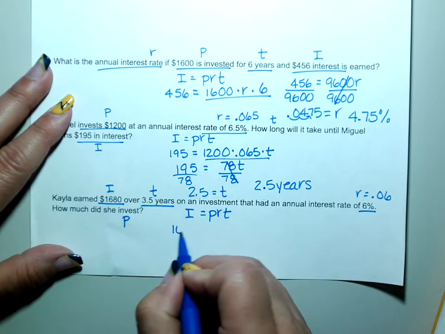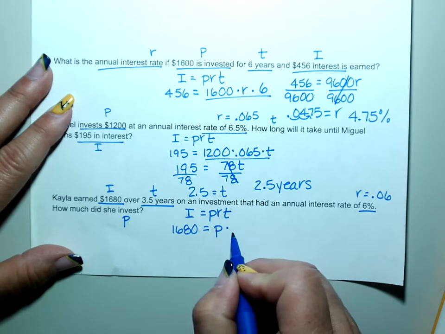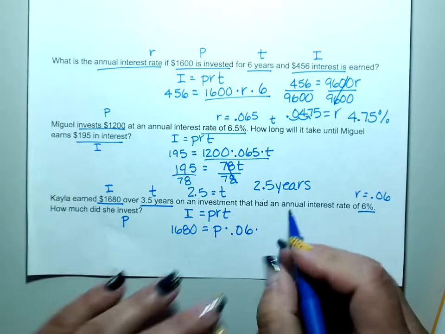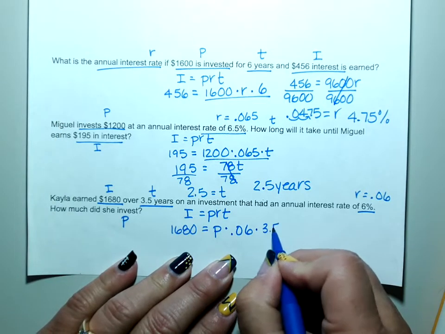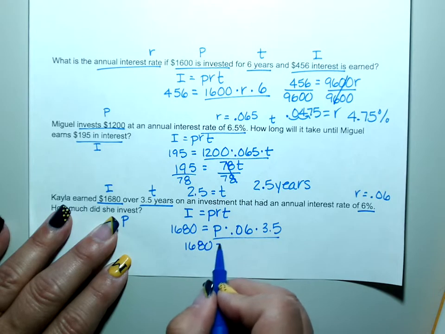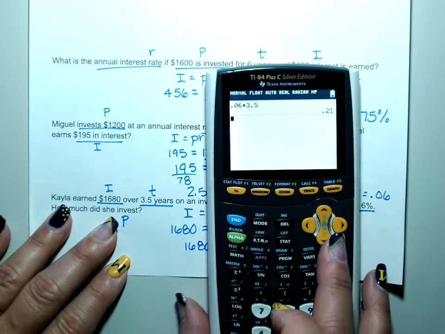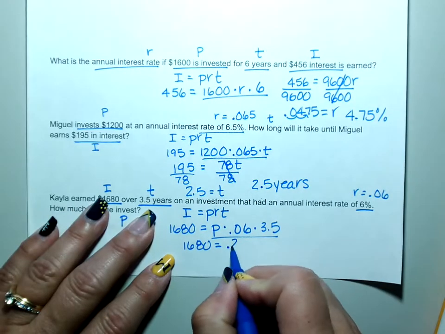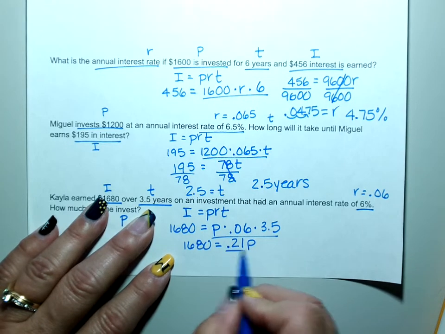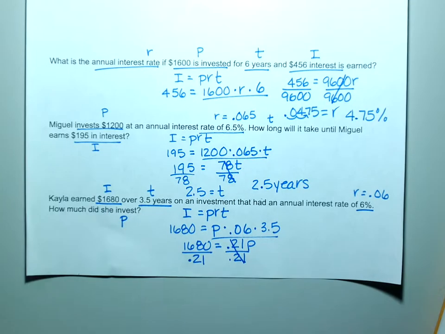All right, earned 1680. That goes in place of I. I don't know P. R as a decimal is 0.06. Time is 3.5. So on this side, we have to simplify. So I do 0.06 times 3.5, and I get 0.21 P. To get P to equal 1, I have to divide by the number in front of P, because anything divided by itself is 1.